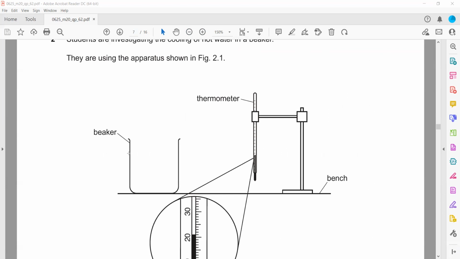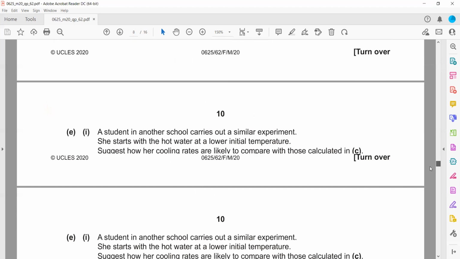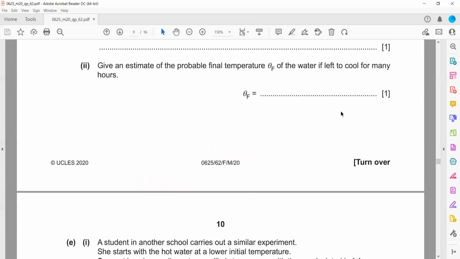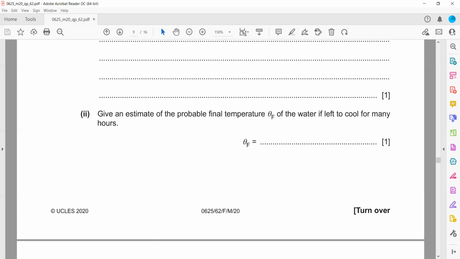When we keep it for 5 or 10 hours, and the surrounding temperature we calculated is 21, but this was 95 in the beginning, after 5 or 10 hours it will come to thermal equilibrium. And what is the temperature of the water? It will be the same as the surrounding temperature, so it will be 21. The water will cool down until it reaches thermal equilibrium, when the water and surrounding temperatures are the same. So this will be 21 degrees centigrade.